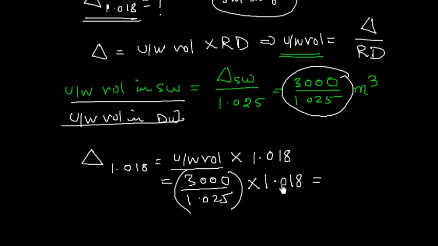Now all I have to do is punch it in the calculator and I get the value 2979.512, or simply I will round off to 2979.5 ton.